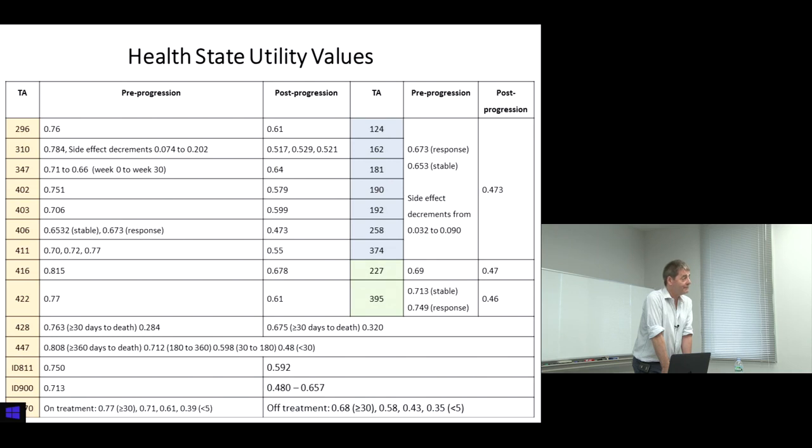Just a word on that. Manufacturers have been fairly willing to offer confidential price cuts. And there's two reasons. One, the UK is quite a big market, so it's the NHS, 60 million people, so that's attractive to them.